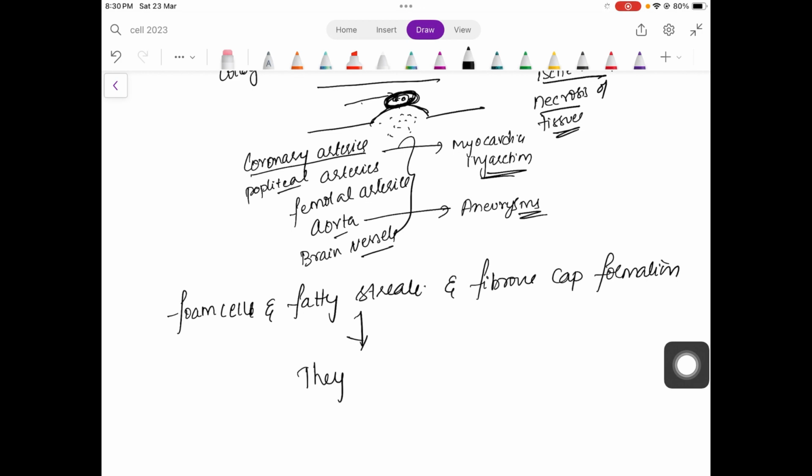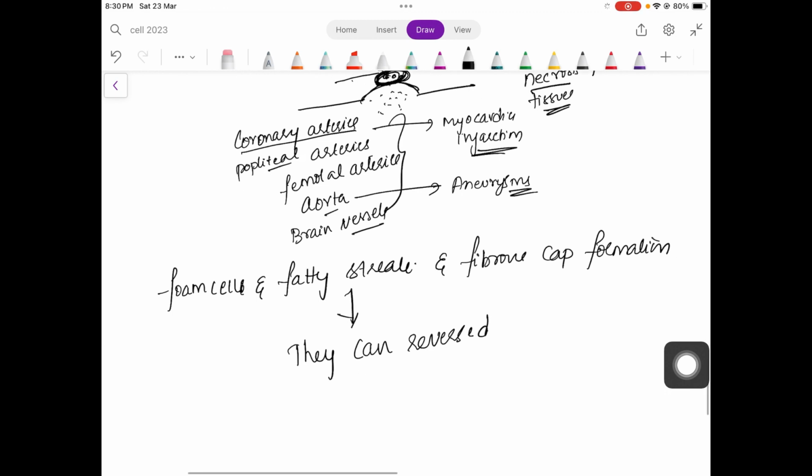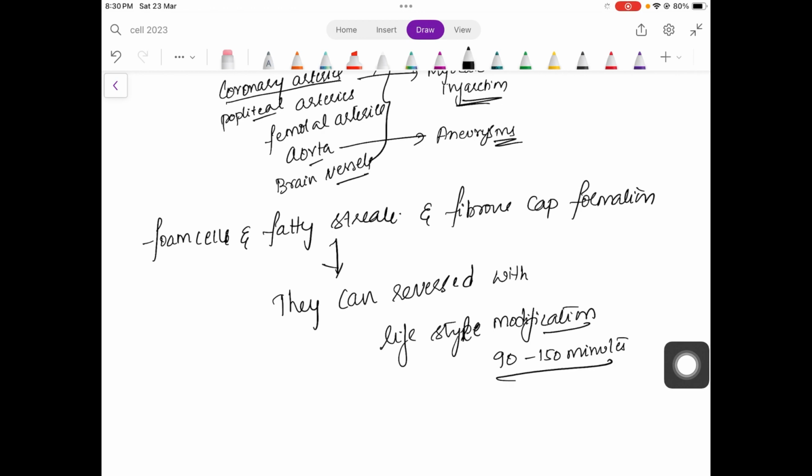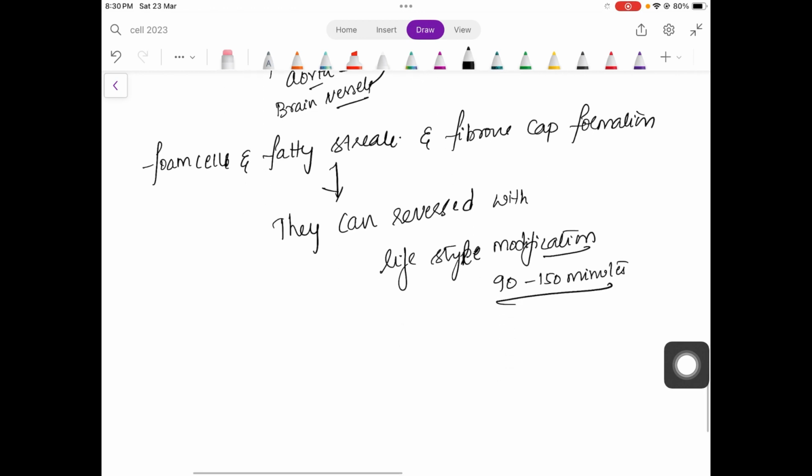They can be reversed with lifestyle modification, by doing exercise, that is walking, 90 to 150 minutes of exercise has to be done.